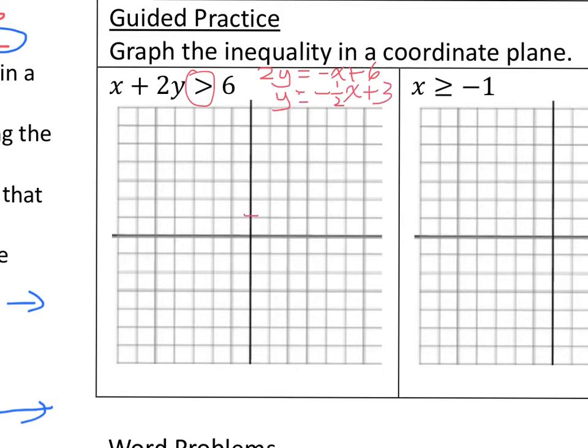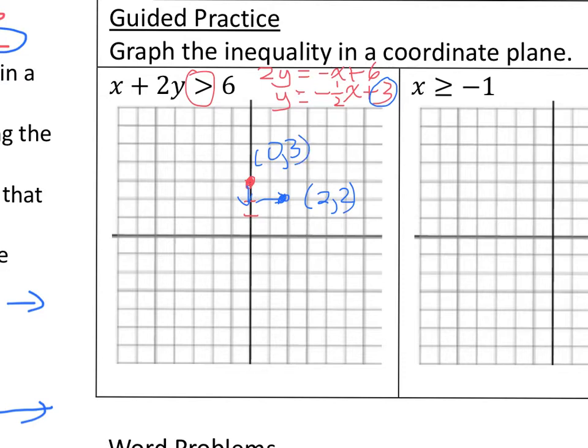So 1, 2, 3 is my slope. I'm sorry, my y-intercept. And then I need to shift 1 unit down and 2 units to the right to get my other point. So I have 2, 2, and 0, 3.